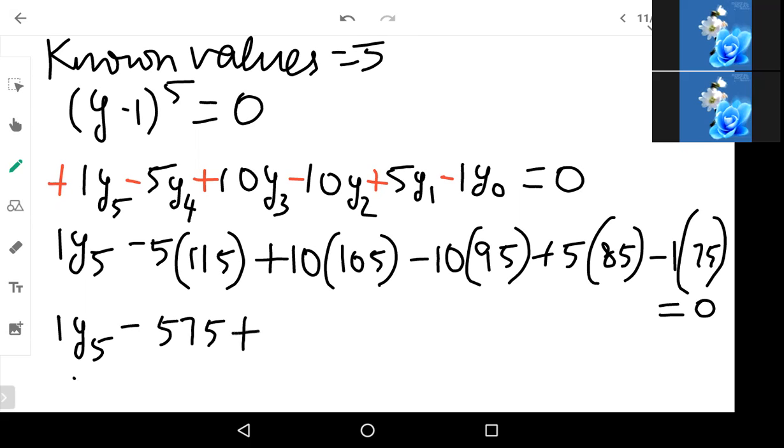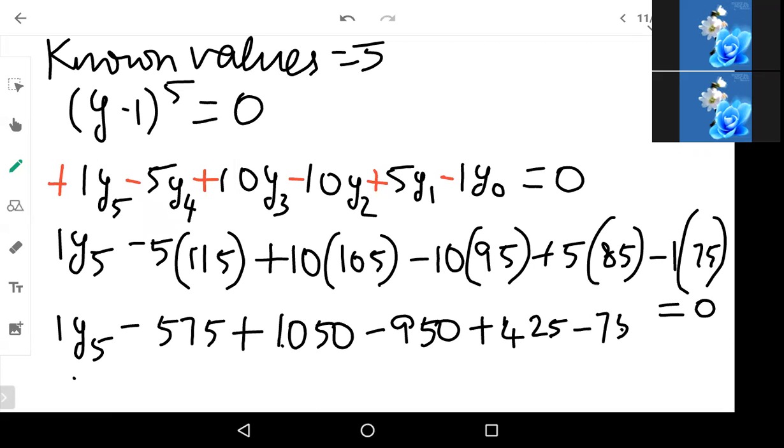Okay. Plus 10 into 105 will be 1050, then minus 10 into 95 will be 950. Then plus 5 into 85 will give me 425. Then minus 75 into 1 is 75 is equal to 0.